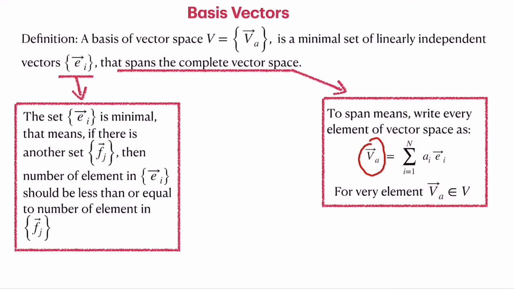The set is minimal, which means that if there exists another set F of f_j's which also spans the vector space and is also linearly independent, then the number of elements in the basis e_i should be less than or equal to the number of elements in the set f_j.